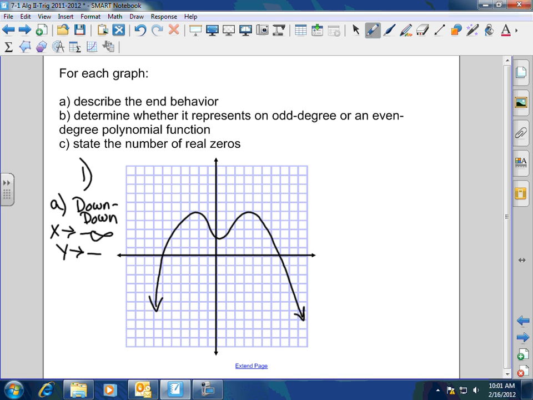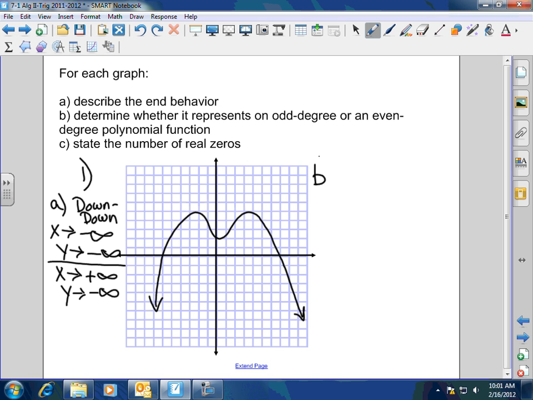Y is decreasing as well. And as x is increasing to positive infinity, what's happening to y? Y is decreasing also, making it a down and down. Okay, so it's down and down because we're talking about the end behavior, not each individual peak and valley.